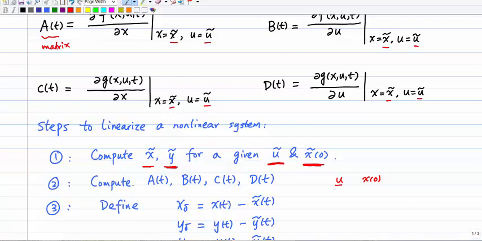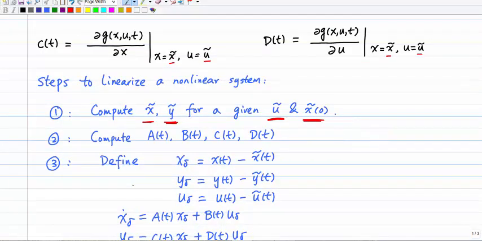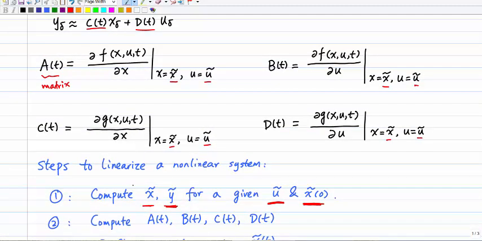Once we finish the first step of computing x tilde and y tilde for given u tilde and x tilde 0, we go to the next step, which is to compute A, B, C, and D of t, right over here.